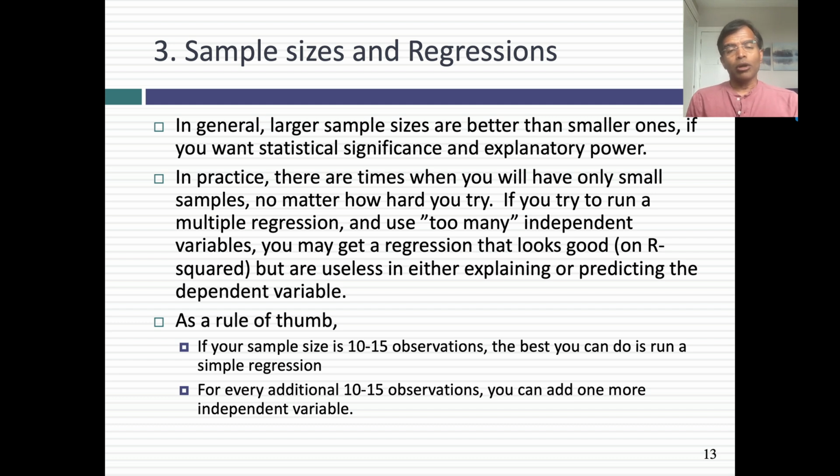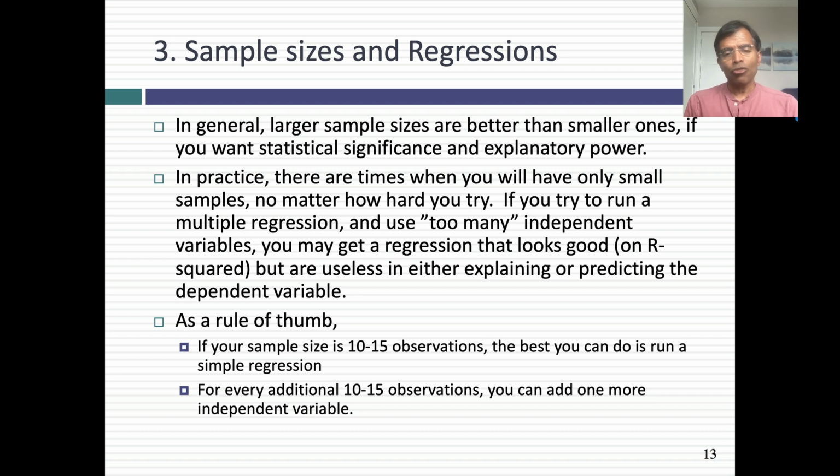The third point I want to talk about is sample sizes. Holding all else constant, would I like a larger sample rather than a small? Absolutely, I'd like a sample of 100, a sample of 1,000. But sometimes beggars can't be choosers. When you start to put together a sample to run a regression on, perhaps the best you can do is 15, 20, 25 observations. You can't get blood out of a stone.